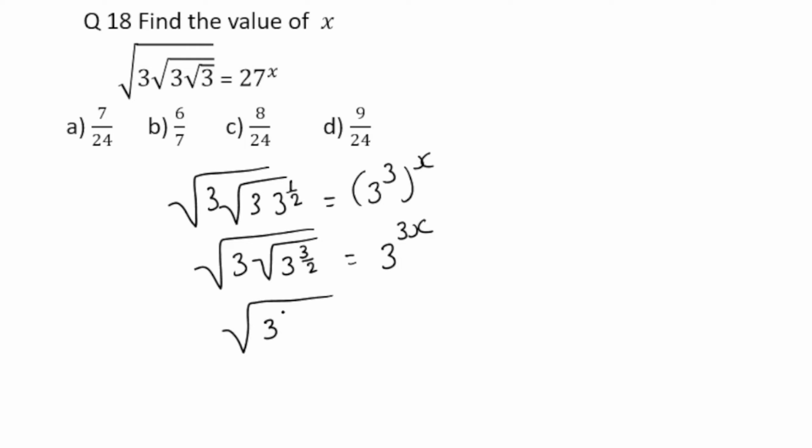If we remove the square root sign, that means 3 to the power 3 over 2 multiply 1 over 2 equals 3 to the power 3x. 3 multiply 1, 3. 2 multiply 2, 4. 3 to the power 3 over 4 equals 3 to the power 3x.